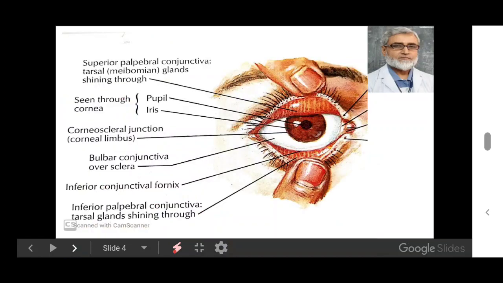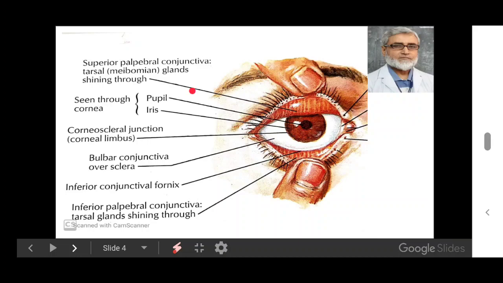Come to the next slide. Just see the different parts of eye when both lids are everted. Superior lacrimal conjunctiva, tarsal meibomian glands shining through.